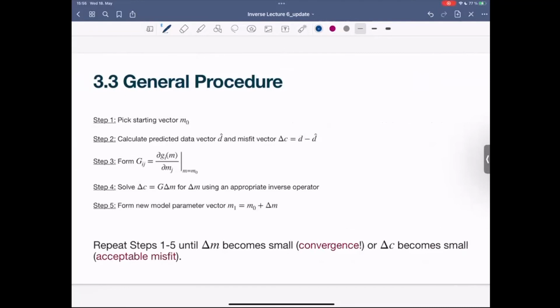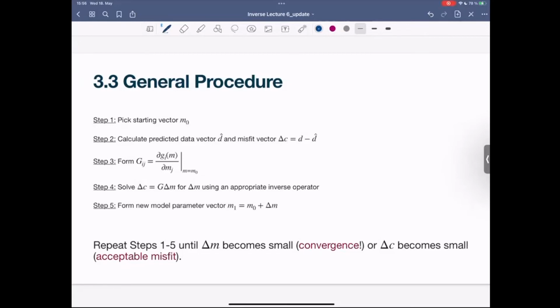These steps have to be repeated until this delta m becomes very small, which means that it converges, or the delta c becomes very small, which means the error between the observed and the predicted data becomes acceptable.